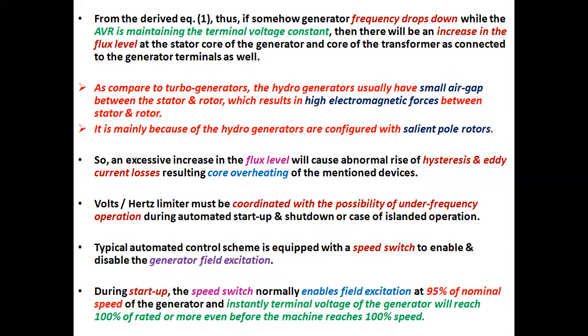Thus, if somehow generator frequency drops while the AVR maintains the terminal voltage constant, then there will be an increase in the flux level at the stator core of the generator and the core of the transformer connected to the generator terminals as well.